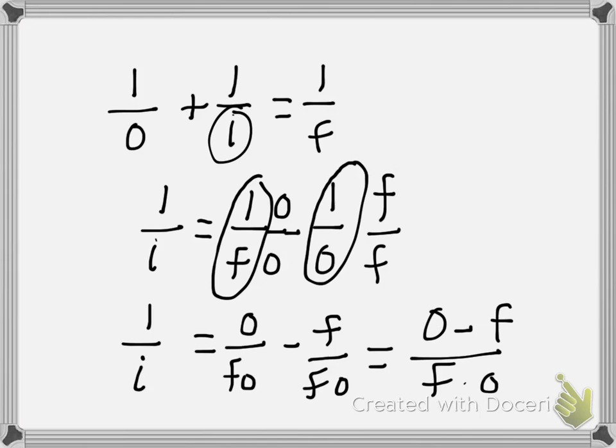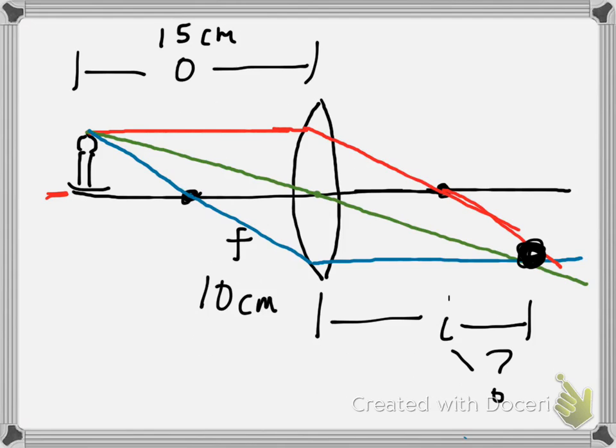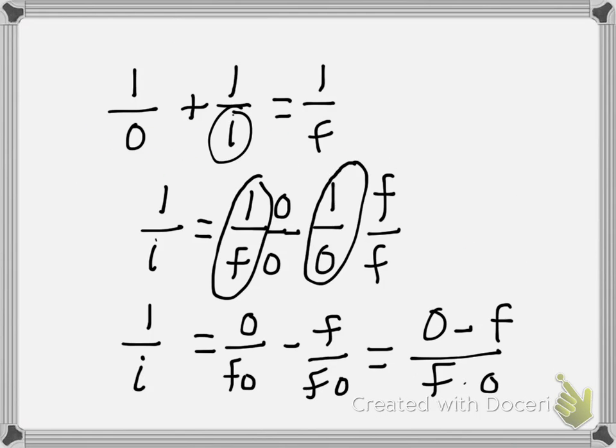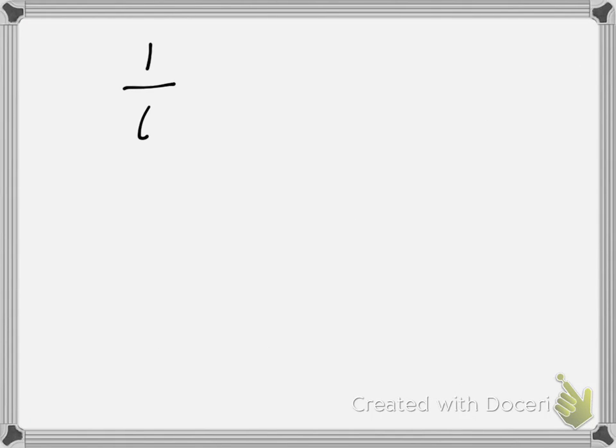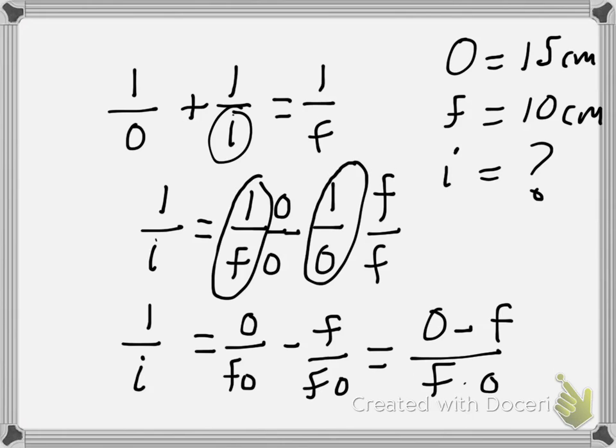Okay? So now, let's go back and review what those values are. So O is 15 centimeters and F is 10. So what's I going to be? All right. So if I have 1 over I equals O minus F over O times F, which is what we got right here.